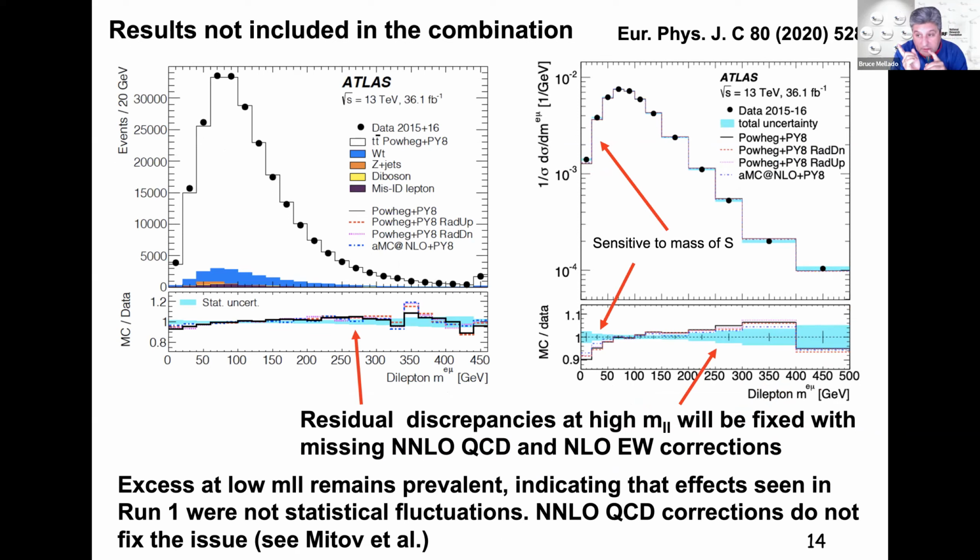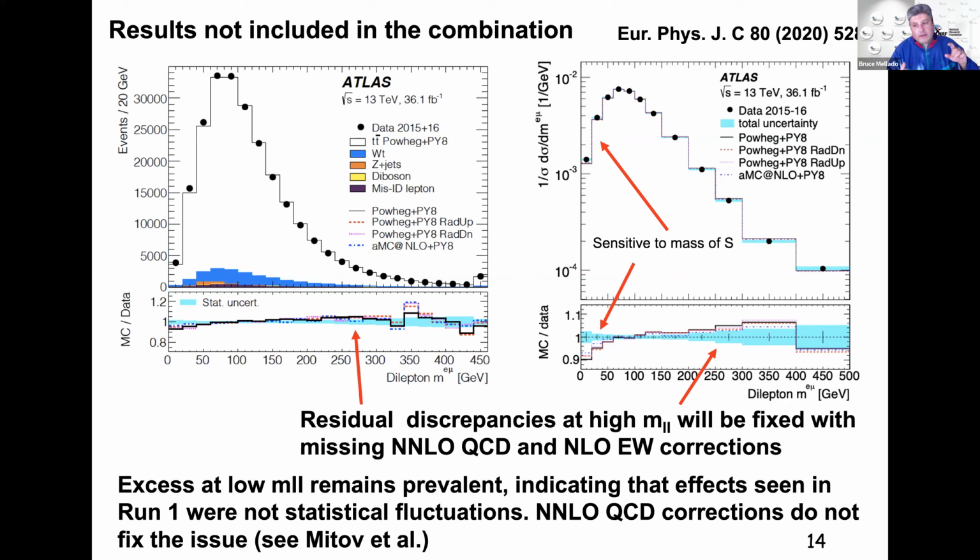And very importantly, the invariant mass of e mu is sensitive to the mass of S. That's why we fix it to 150. Because the run 1 data was already telling us that S couldn't be very heavy, very close to the Higgs boson. We fixed it at 150, okay?